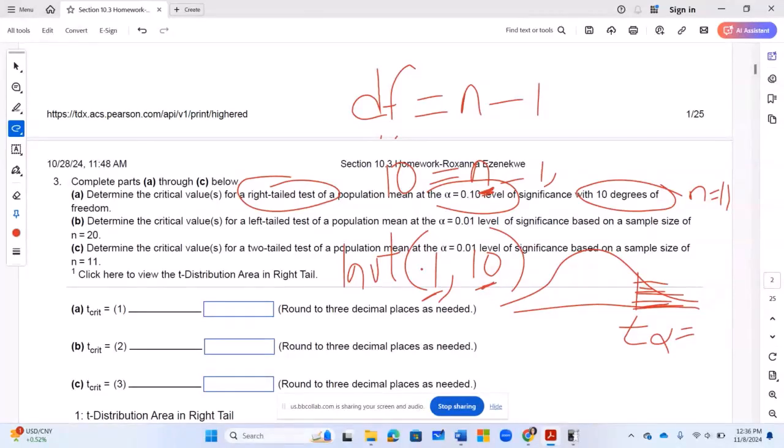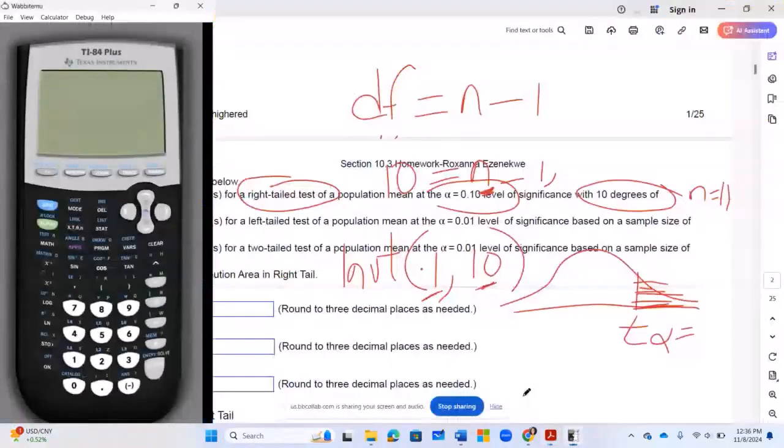So now I can use my calculator to calculate the critical value. What is the critical value for the 10th percentile at n minus 1 degrees of freedom? So I'm going to press second, vars, and you see that inverse t is number 4.